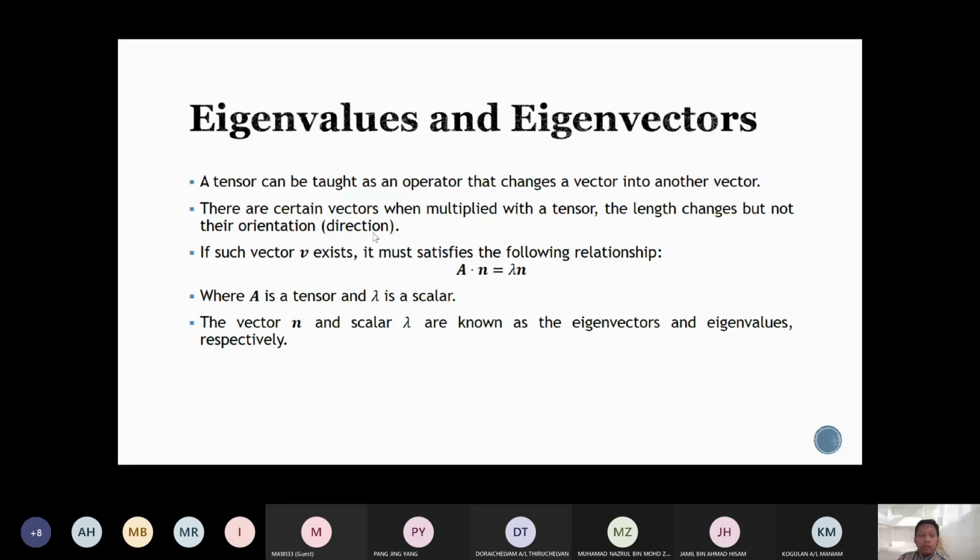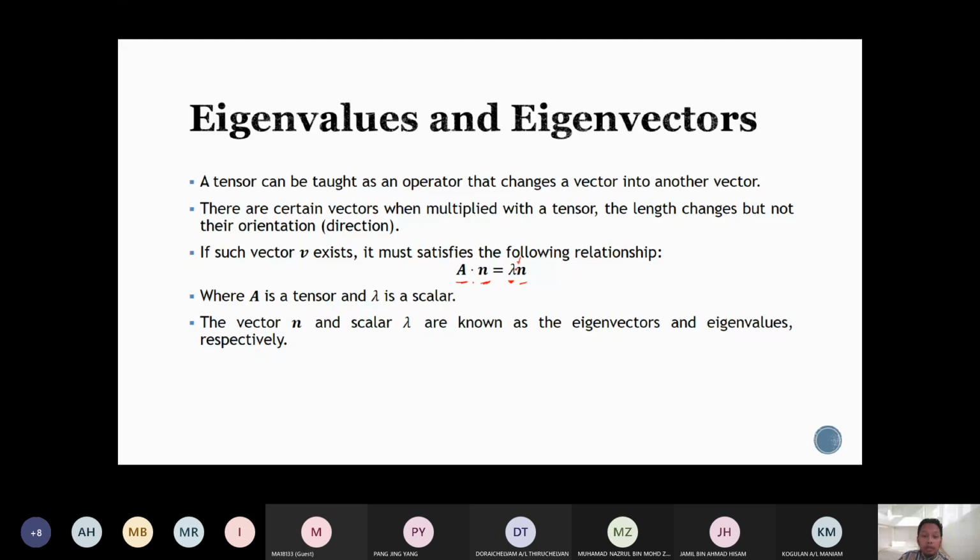So that's the orthogonal matrix. But for some tensors, if you multiply with a vector, it causes the vector to change in length, but the direction remains the same. If that kind of vector exists, then it must satisfy this relationship here: matrix A times a vector n equals a scalar value lambda times the same vector, meaning that the magnitude has changed.